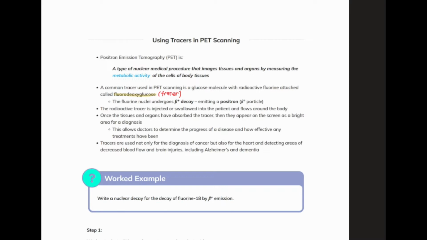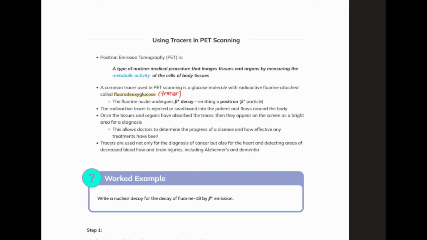Alzheimer's is a disease mostly affecting old people. Dementia is basically a brain problem. It's a brain disease where they have memory disorders, personality changes or impaired reasoning because of this disease.